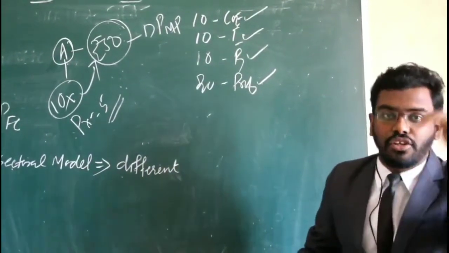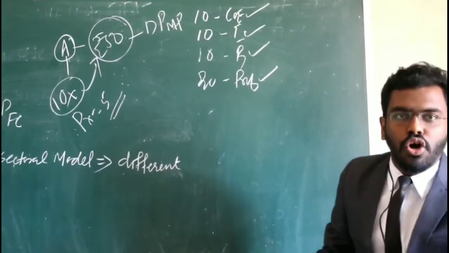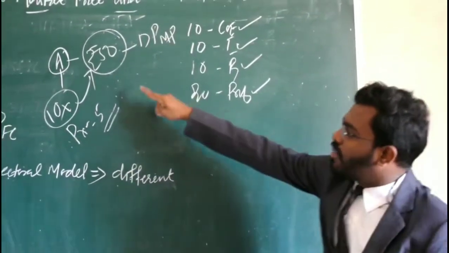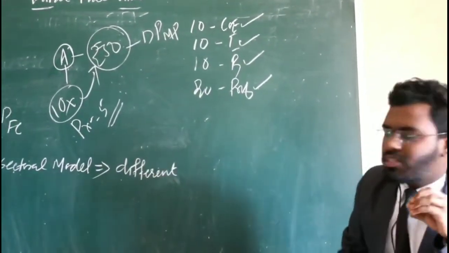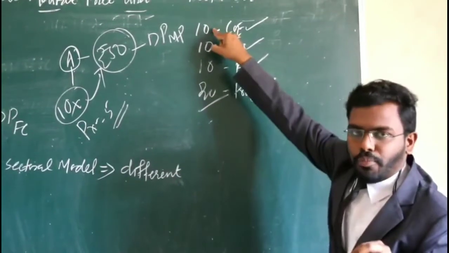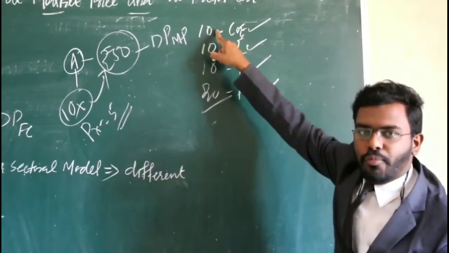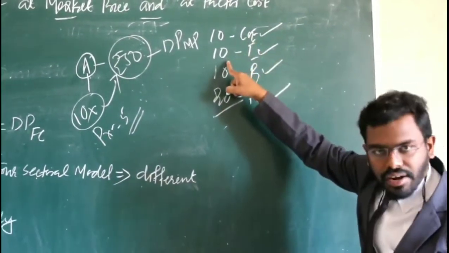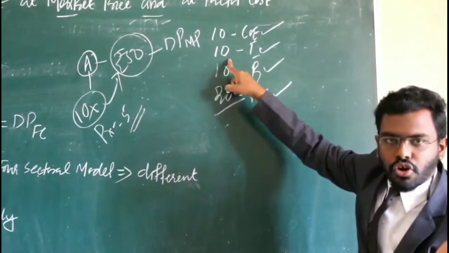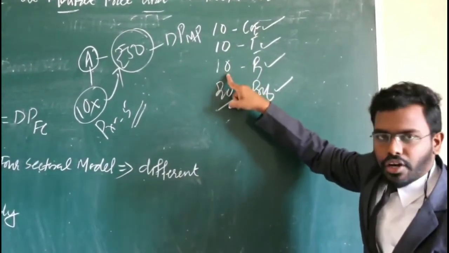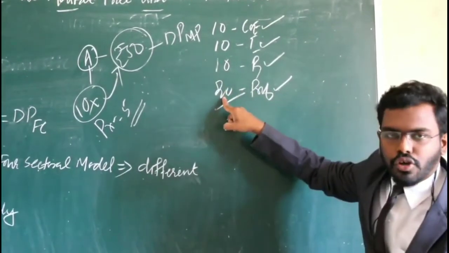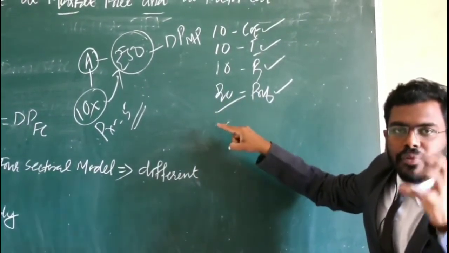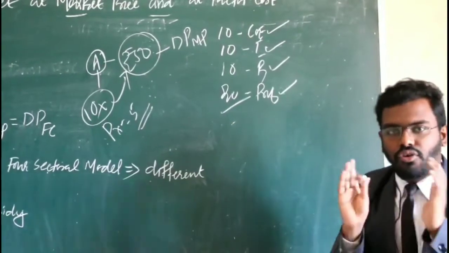So it is a factor cost. So GDP or domestic product at factor cost means 10 rupees is the cost from the side of producer as compensation of employee. This 10 is also cost of production, this 10 also cost of production, this 20 also cost of production. So domestic product at factor cost.